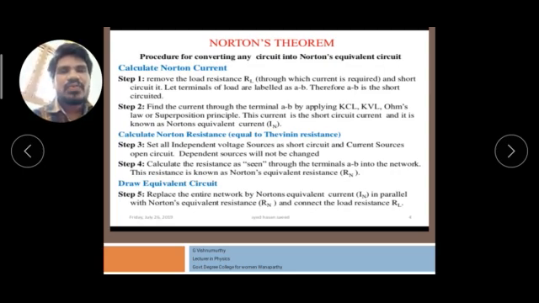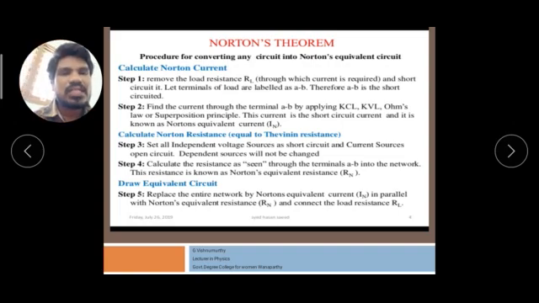Then step 4: calculate the resistance as seen through the terminal AB into the network. This resistance is known as the Norton's equivalent resistance or Thevenin equivalent resistance.